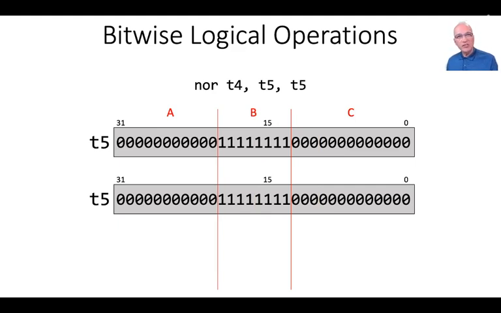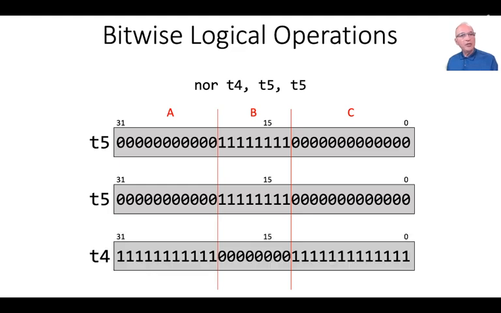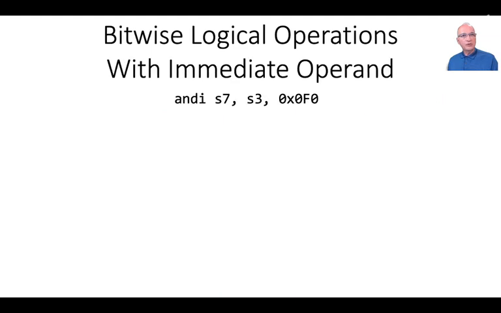If I use the same register for the two sources in the NOR operation, the result will be the complement of the input. So there is no instruction for logical negation in RISC-V because you can use the NOR operation for negation.